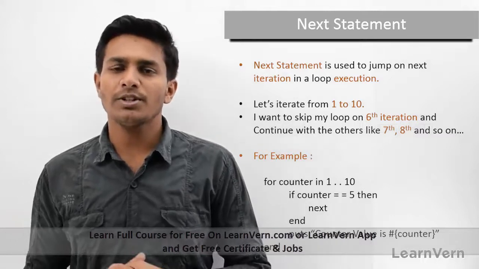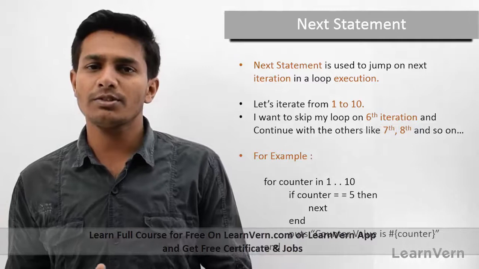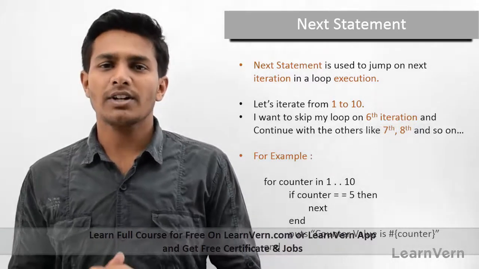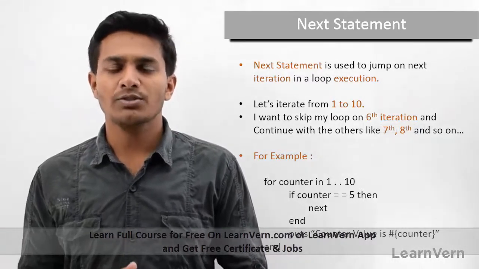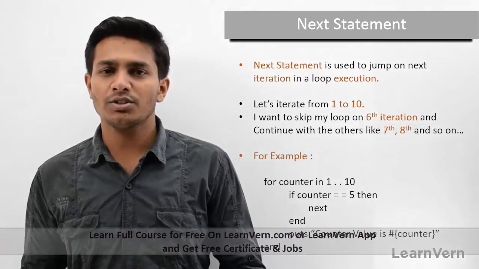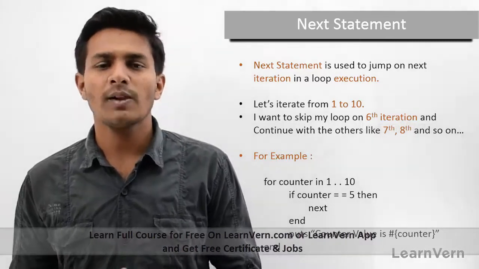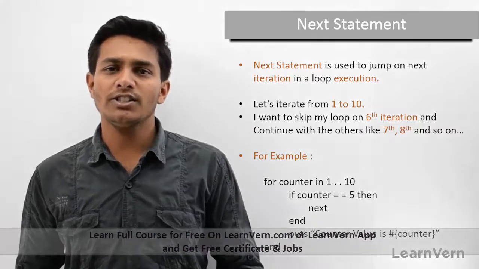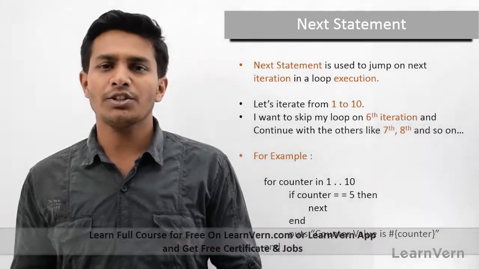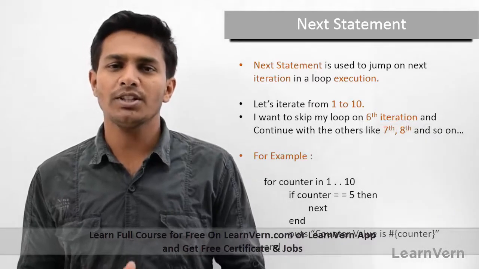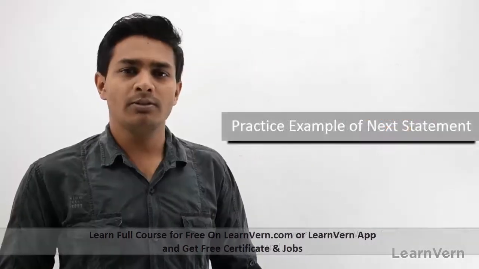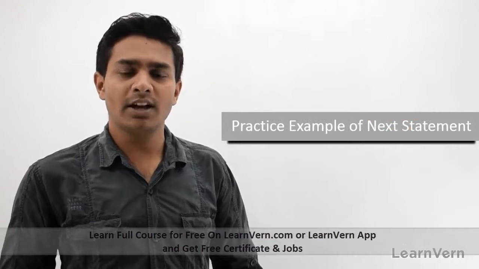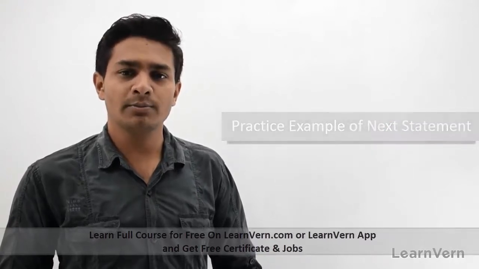So I have checked one condition, that if counter equals 5, I put a next, so that will skip that block of execution and go to the next iteration. This is how we can easily skip the iteration execution by using the next statement. Now we will see practical examples of the next statement.